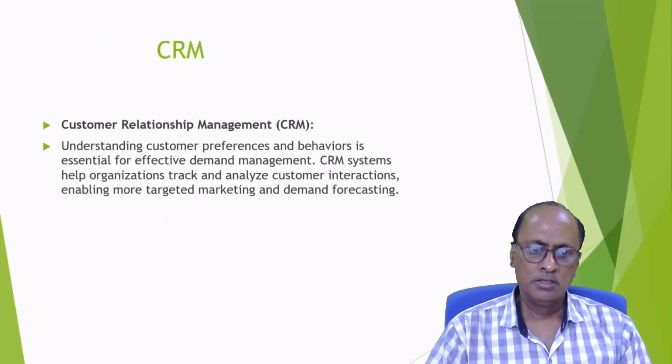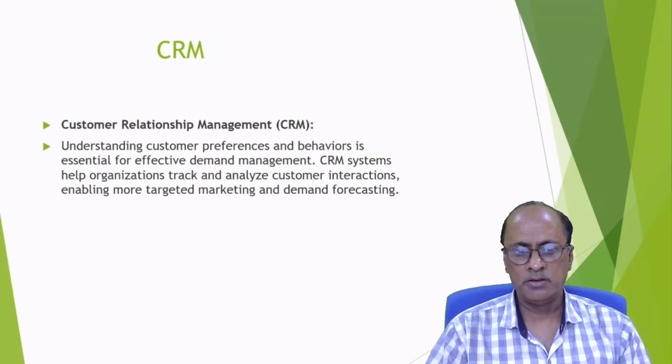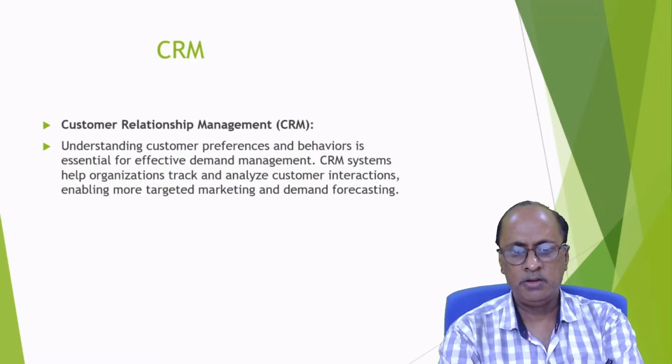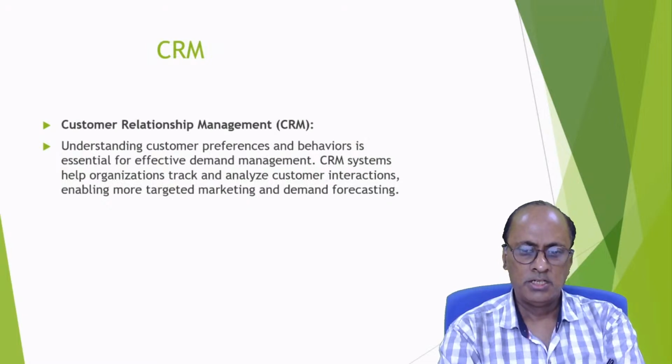Then comes customer relation management. Understanding customer preference and behavior is essential for effective demand management. CRM system helps organization to track and analyze customer interactions, enabling more targeted marketing and demand forecasting.